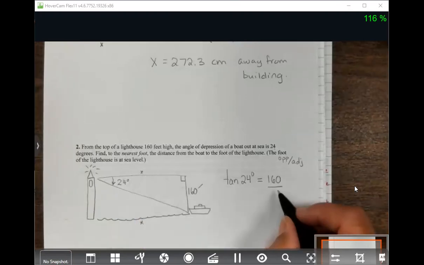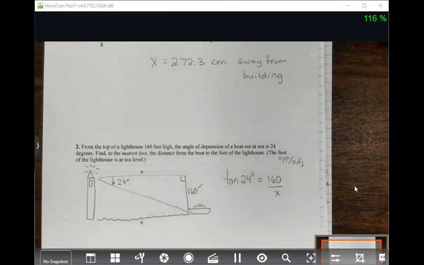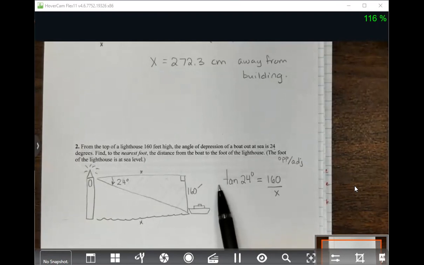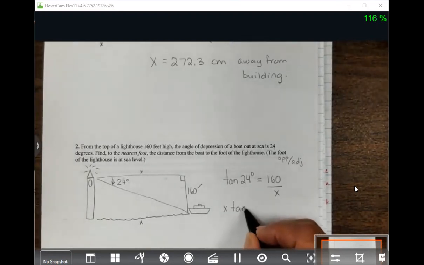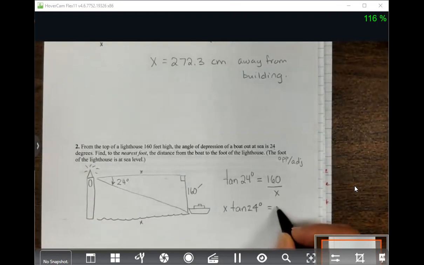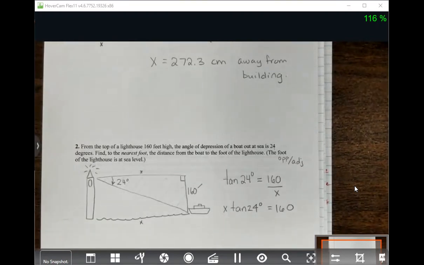The adjacent side is the one I marked as X. To solve this for X, the first thing I would do is multiply both sides by X. And then the next thing I would do is divide both sides by the tangent of 24 degrees. So for your test, you would just do your algebra like this and leave it right there.